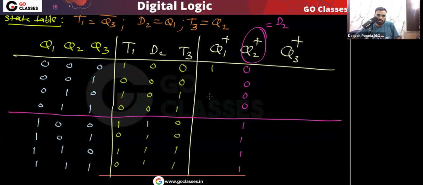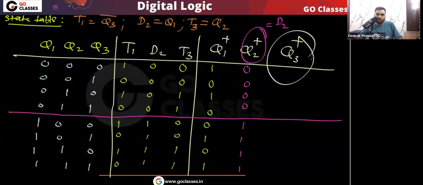So here I can say 1, here 1, then here 0, and here 0. And wherever T1 is 0, state will not change, or I can say Q1 next will be same as Q1. So here it will be 0, 0, 1, 1. Very simple, right?